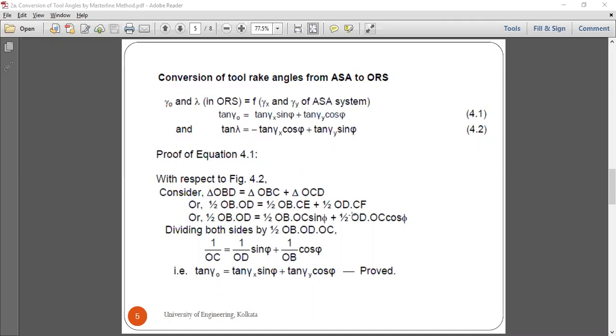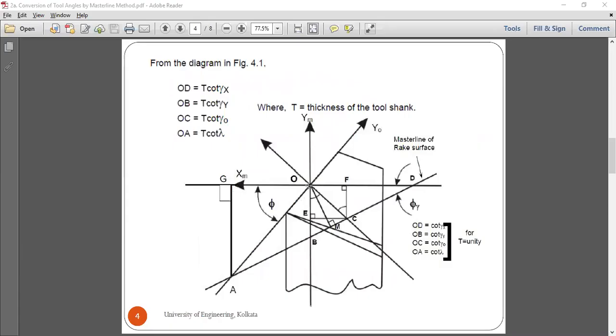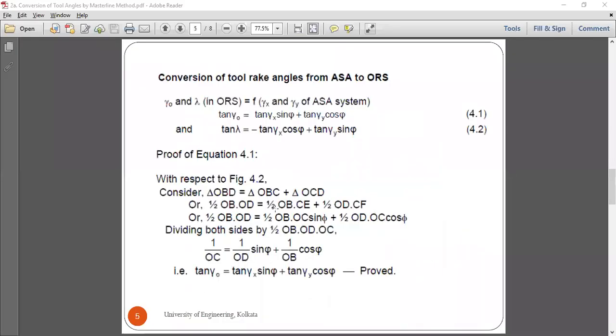Again, for this bigger triangle OBD, this is a right angle triangle, so you can take any side as the height or the base. Here we can take OB as the height and OD as the base, so it becomes half into OB into OD. That is the area of the bigger triangle. So half OB into OD equals half OB into CE plus half OD into CF.